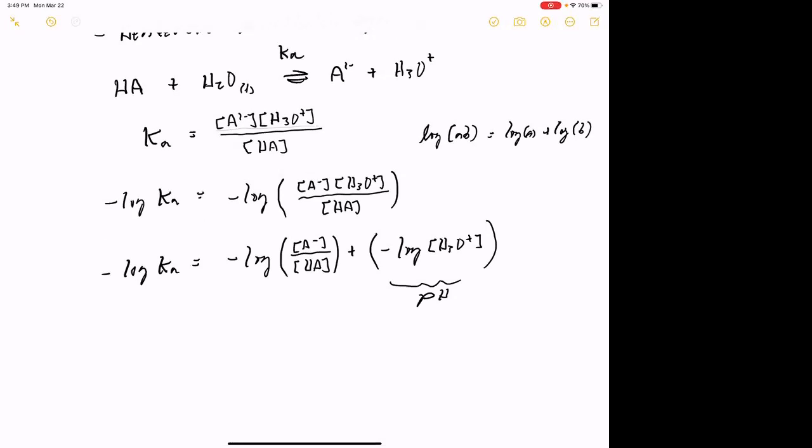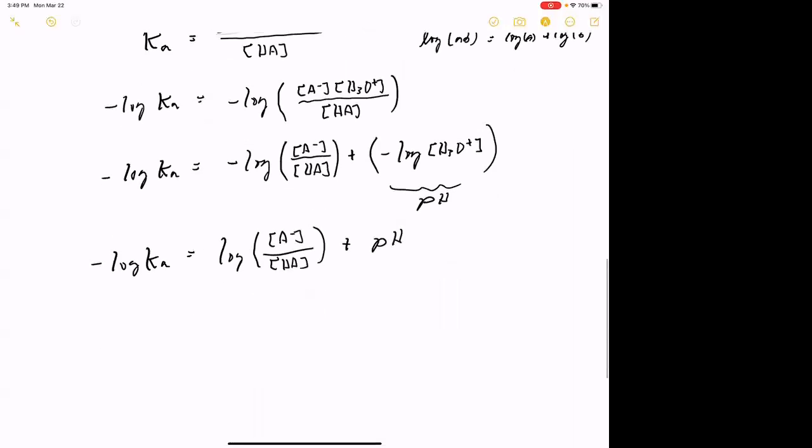I'm going to leave that negative log over on that side. So I have minus log of the Ka is equal to positive log of A minus over HA, moving that other log term to the other side, plus the pH. I see another way I can simplify this too.